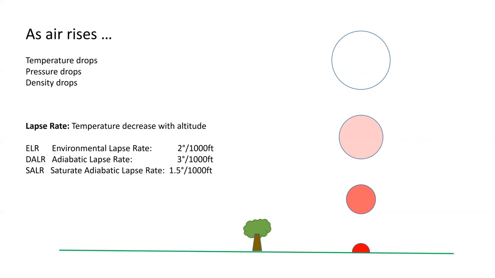But that parcel of air had certain characteristics to begin with. And we have characteristics of all of the parcels of air as you go up through a column of atmosphere. So if you imagine from the top of your head all the way to the top of the atmosphere, there's a lapse rate of atmospheric temperature.